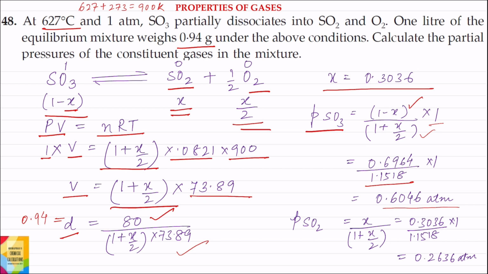Similarly, partial pressure of sulfur dioxide is equal to moles of sulfur dioxide at equilibrium divided by total number of moles, that is x divided by 1 plus x by 2. Putting the value of x and solving, the partial pressure of sulfur dioxide is 0.2636 atmosphere. Here it will be x by 1 plus x by 2 into 1, that is total pressure.